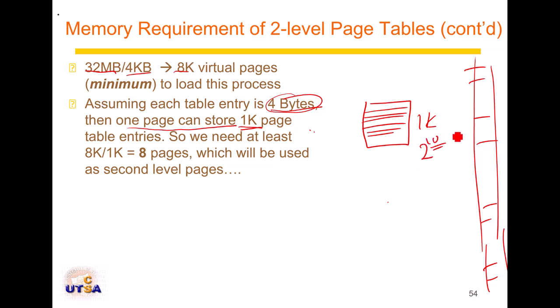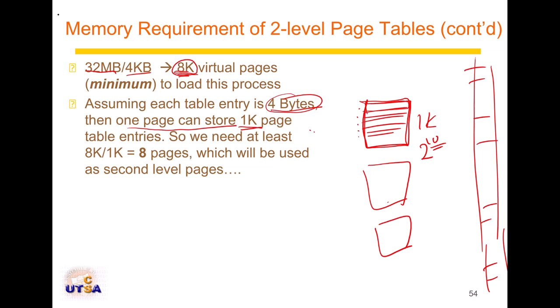So I need 10 bits to be able to access each of these entries, and each entry is, assuming, 4 bytes. Okay. So if I need to maintain that many virtual pages for my program, then how many pages like this do I need so that I can have entries for that many pages?